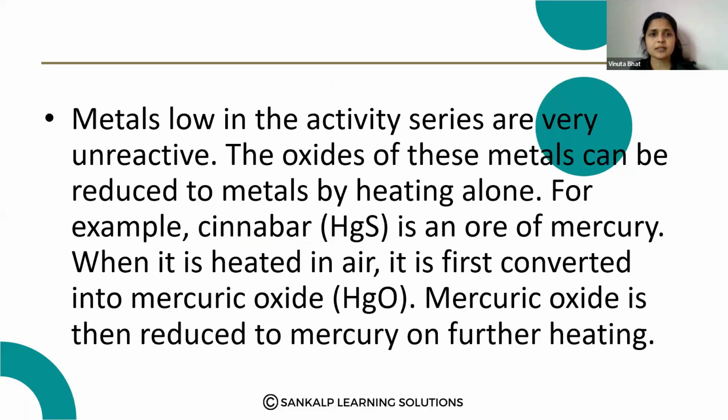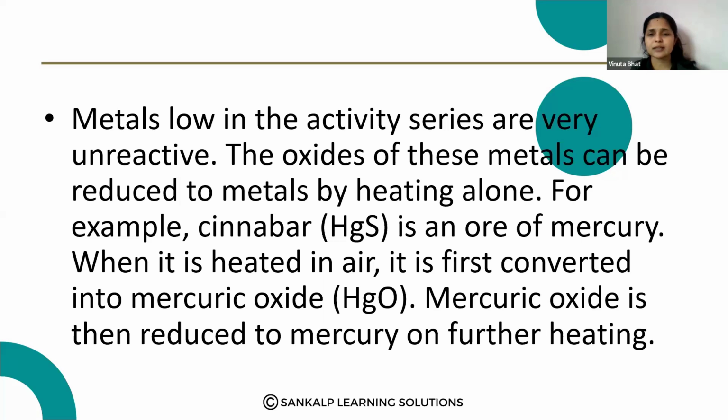The metals in the low reactivity series are unreactive or least reactive. For example, cinnabar, that is HgS, is an ore of mercury. When it is heated in air, it is first converted into mercuric oxide, and mercuric oxide is then reduced to mercury on further heating.